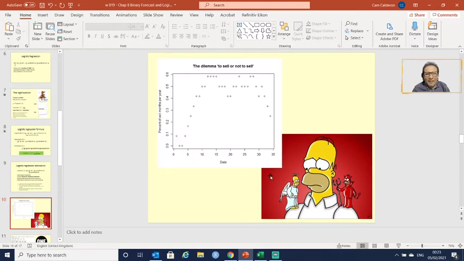So here we have the odds, as you can see. Here we have the dilemma to sell or not to sell, and we have the percentage sell months per year. As you can see, the odds are increasing and increasing up until a very high value, right?